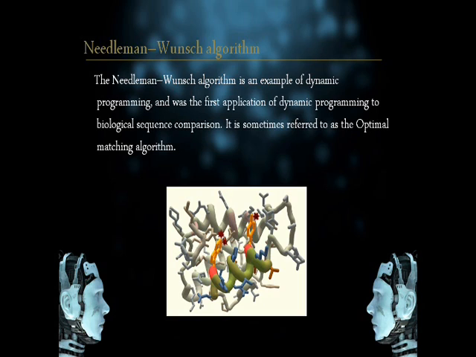The algorithm was published in 1970 by Saul B. Needleman and Christian D. Wunsch. The Needleman-Wunsch algorithm is an example of dynamic programming and was the first application of dynamic programming to biological sequence comparison. It is sometimes referred to as the optimal matching algorithm.